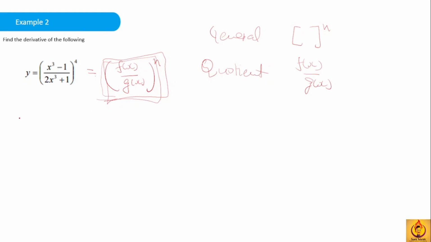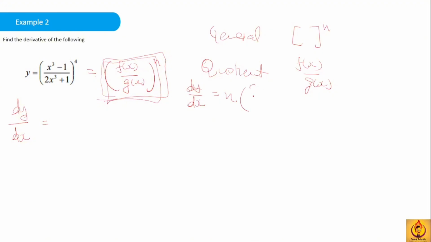So now, how do we solve this problem that we're given here? Because we're saying now that we have a quotient rule that will be inside a general rule. So how are we going to go about this? You must remember that according to the general rule, we're going to take n, we're going to bring this n down.